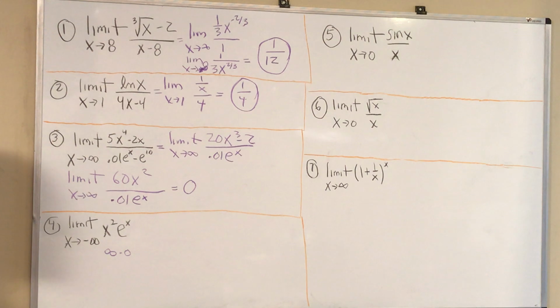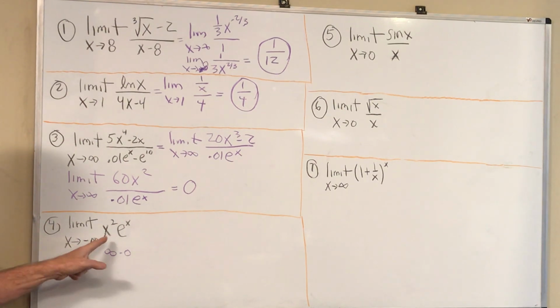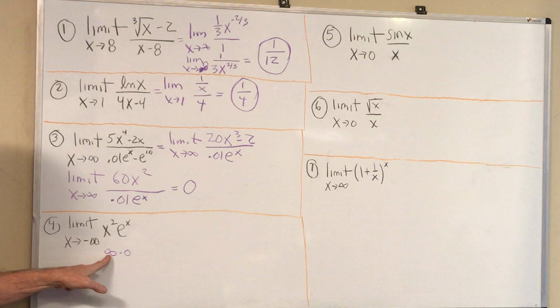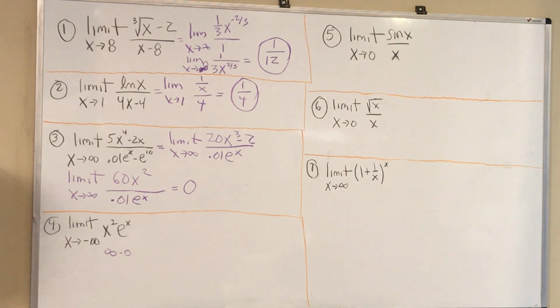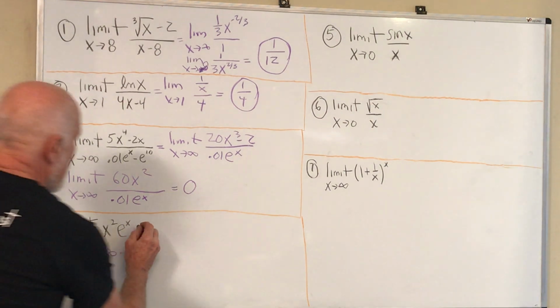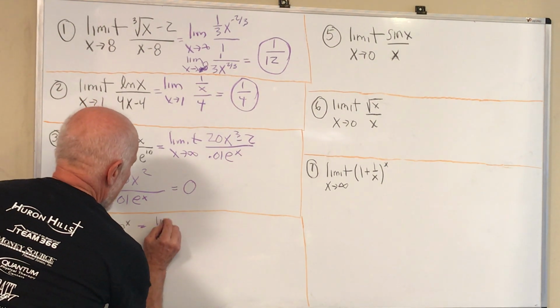If one number is approaching something huge, and the other is approaching something really close to 0, when you multiply them, it's going to depend on how fast this one is going to infinity and how fast this one is going to 0. So again, it's indeterminate, but now we can't use L'Hopital's rule because it has to be in the form of a function divided by a function. But we want to use L'Hopital's rule.